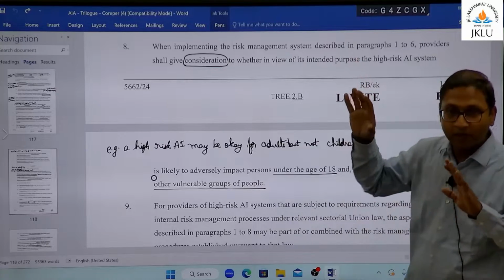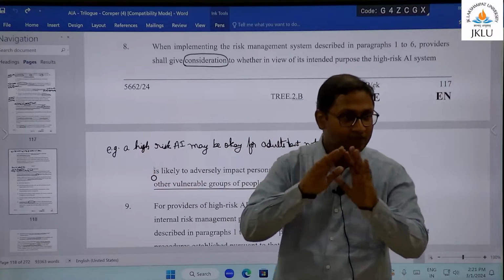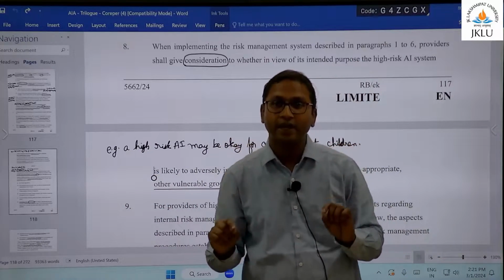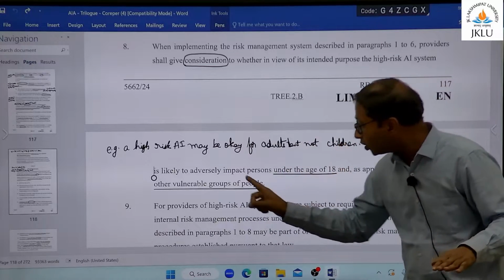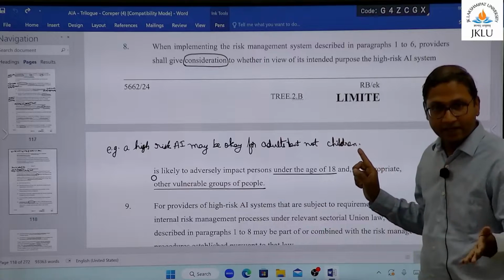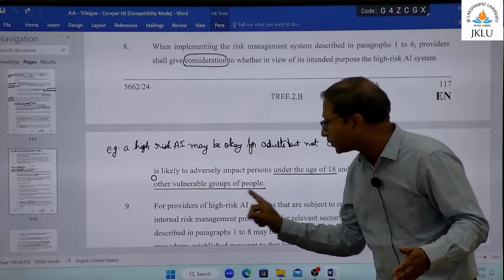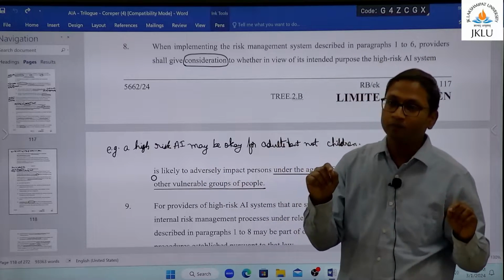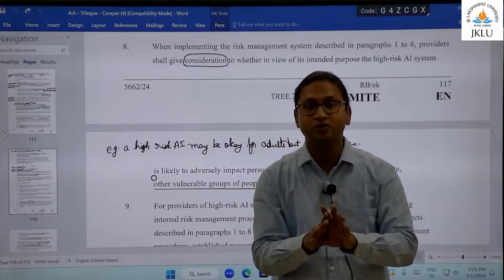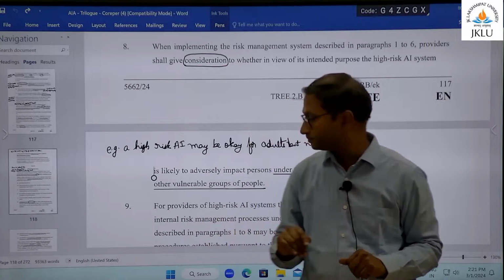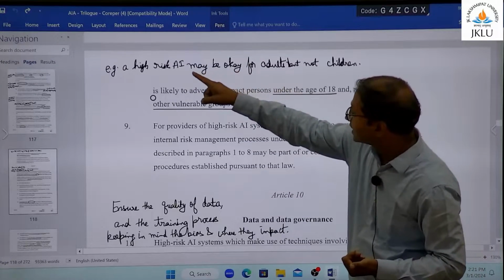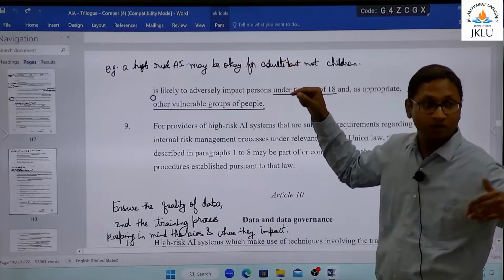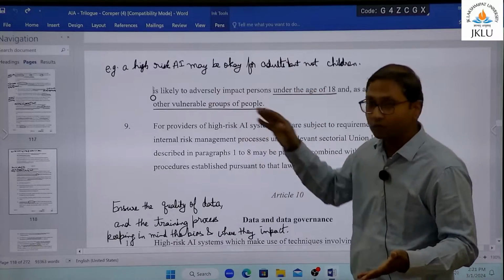So while you have done everything well, but if your high risk AI is doing something adversely to children or, let's say, elderly or to some other vulnerable group of people, you have to take care of that also, that this is also not happening. So for example, high risk AI may be okay for adults but not for children or any other vulnerable group of people.